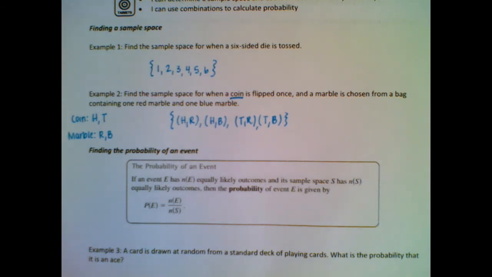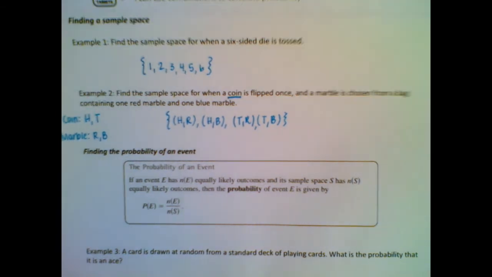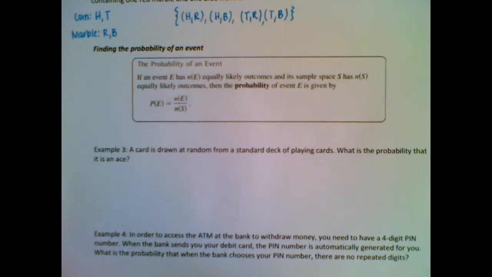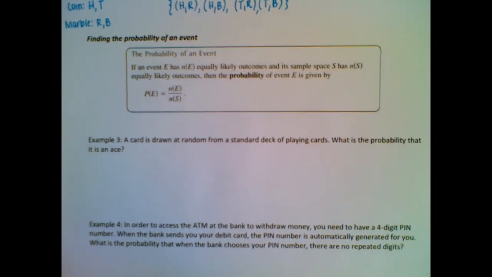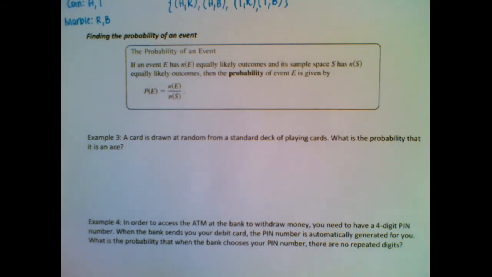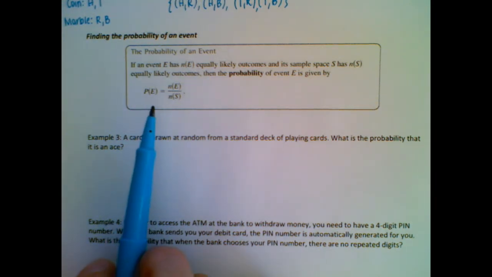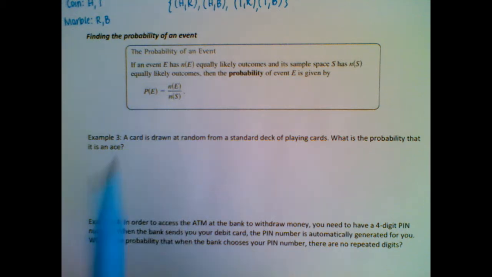All right, so let's use this sample space to actually calculate some probabilities. You'll notice that some of these, like I said, will look familiar. The notation's a little bit different. When we talk about the probability of an event, we say that an event E has n(E) equally likely outcomes, and its sample space S has n(S) equally likely outcomes.